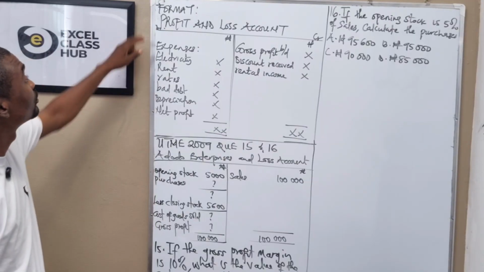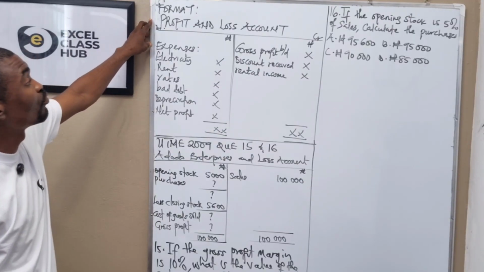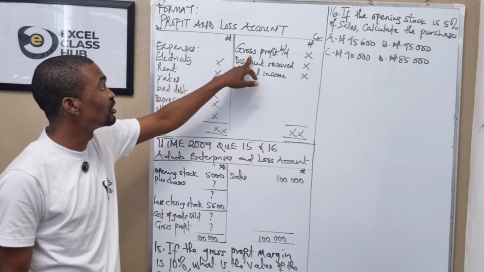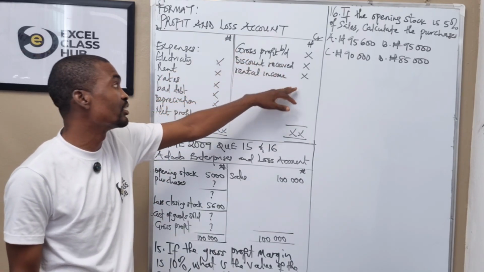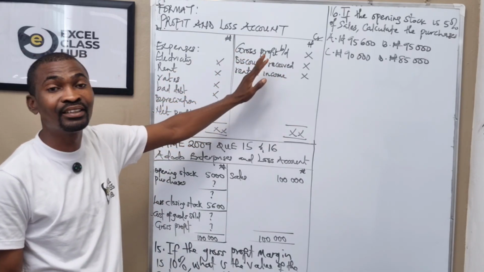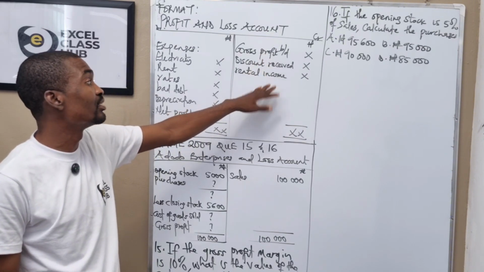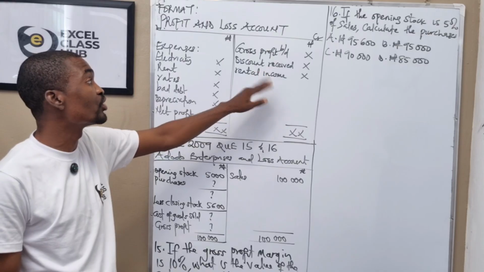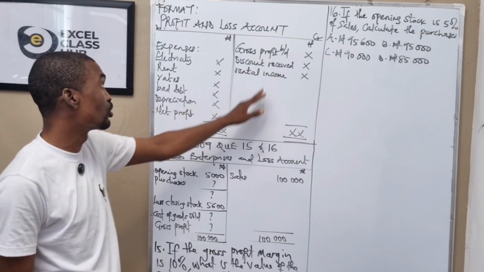All right, so this is the layout of the profit and loss account. The gross profit is brought down from the trading account on the credit side. Then you add any income such as discount received, rental income, commission received. All those incomes will be added to your gross profit.